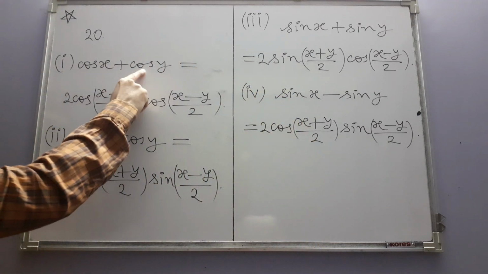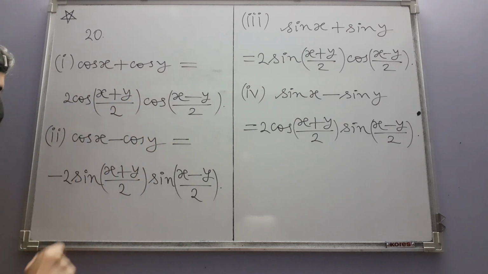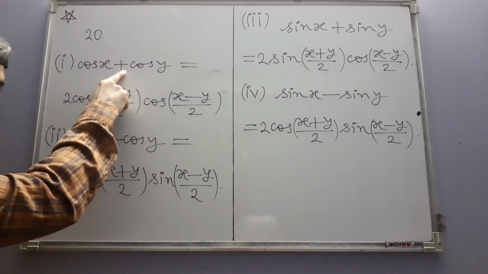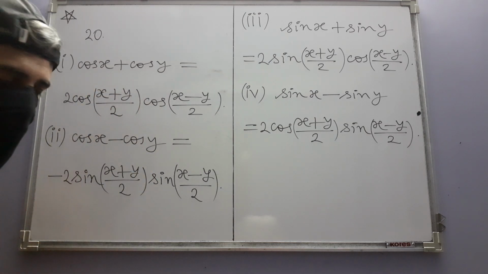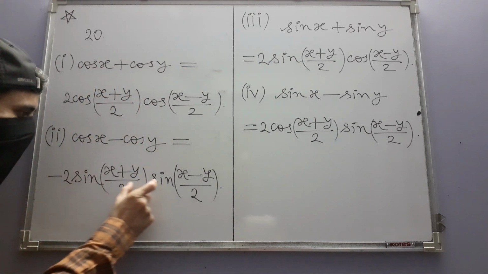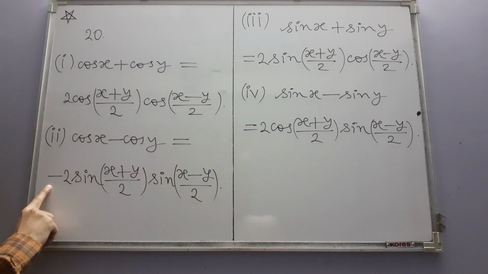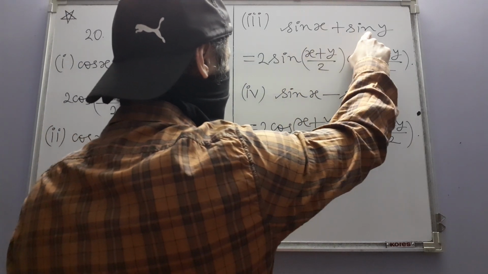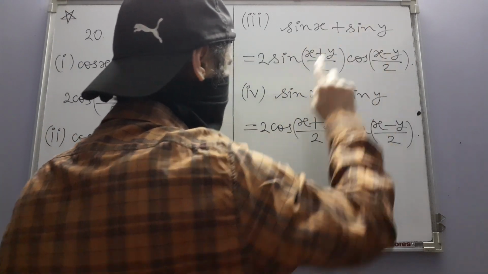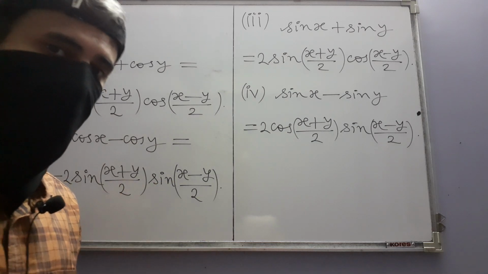So when you have both of them cos, you have both of them cos here. But if it is cos x minus cos y, then both of them are sine and there is a minus sign. However, if both of them are sine, then there are mixed terms, sine and cos both.